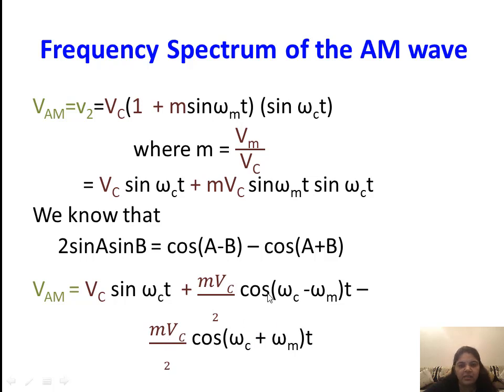This represents the lower sideband. Since omega is equal to 2 pi f, if we put it over here, it is 2 pi fc minus 2 pi fm, so it is fc minus fm.